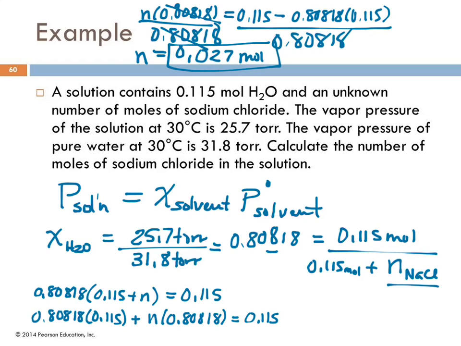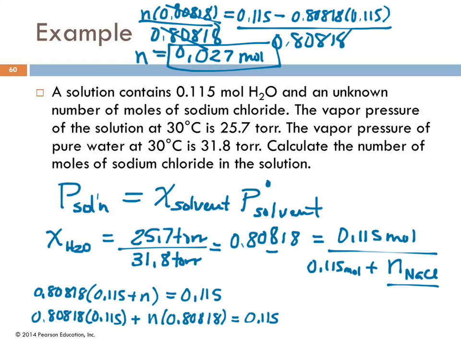So this is telling us the number of moles of solute particles.